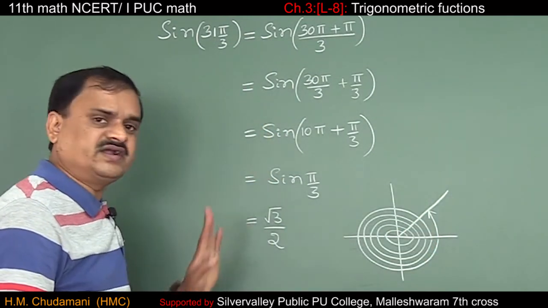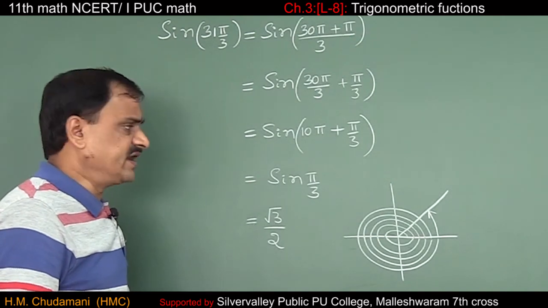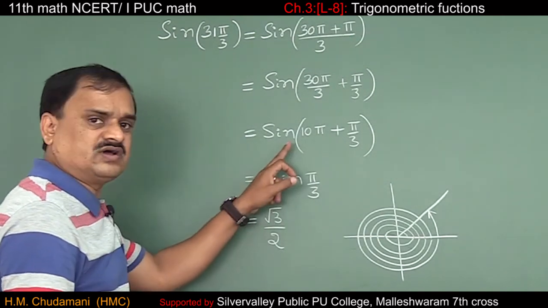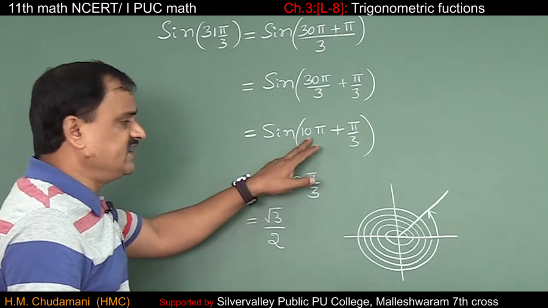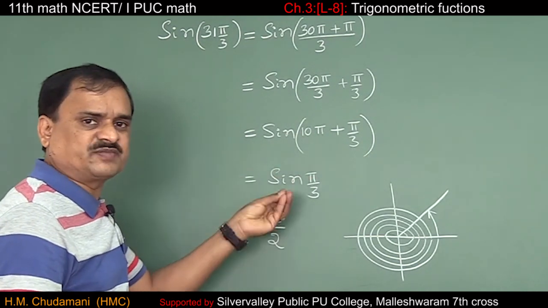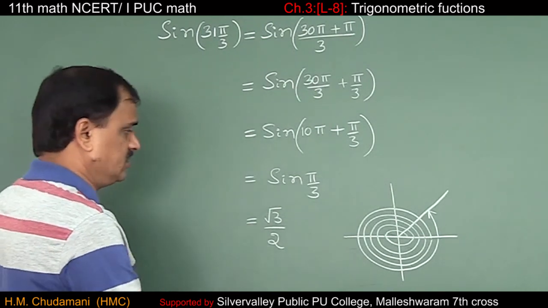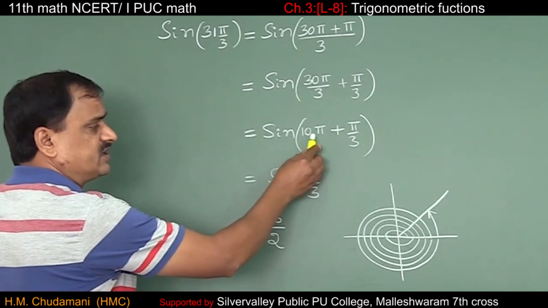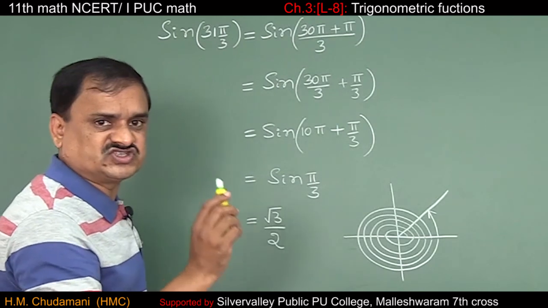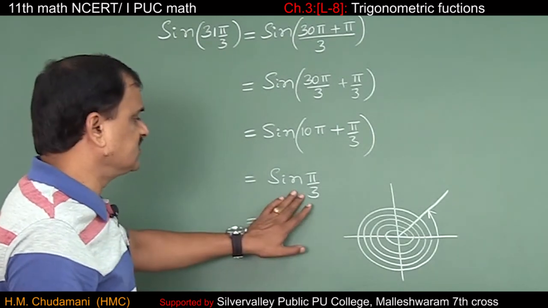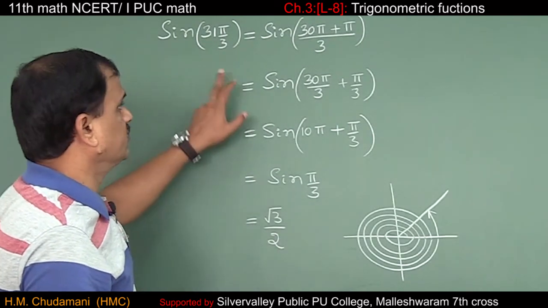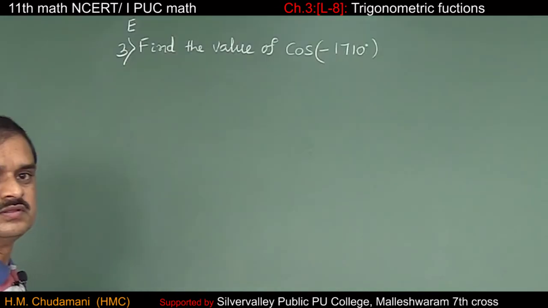In the first quadrant all are positive, right? So multiples of 2 pi, that is 10 pi, can be added or subtracted so that there is no change in the value. I have given this in a note actually. So sin of 10 pi plus pi by 3 is sin pi by 3, which is root 3 by 2, in the 2 mark section.